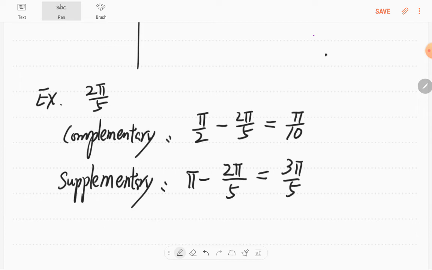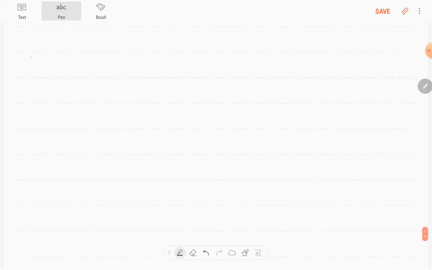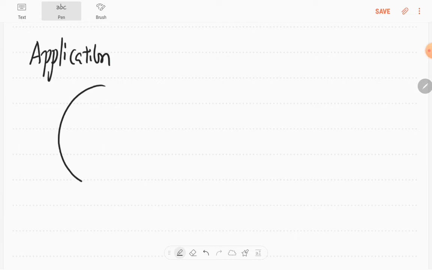So now let's look at some applications. If you have a circle and this is the center, this is the angle theta, the radius is r.